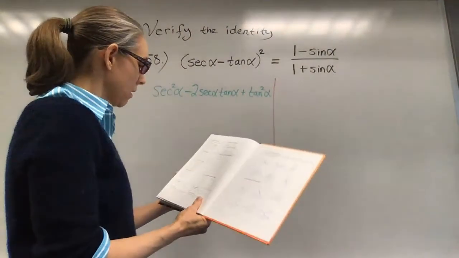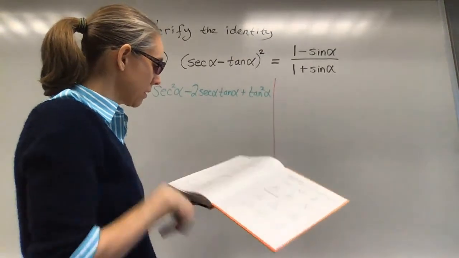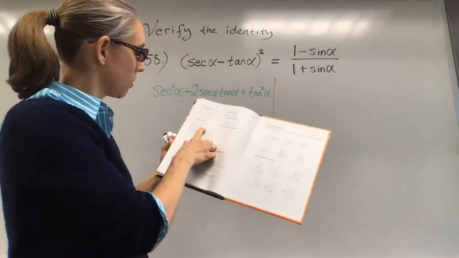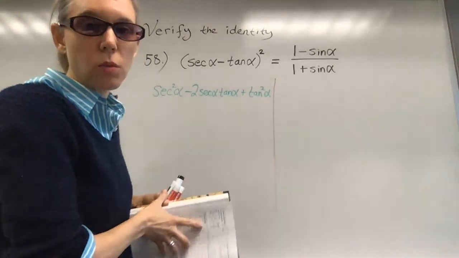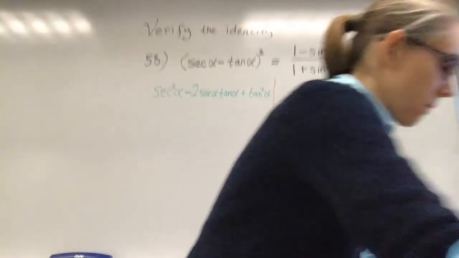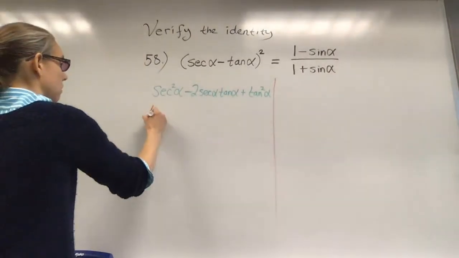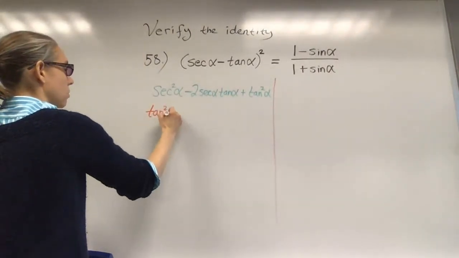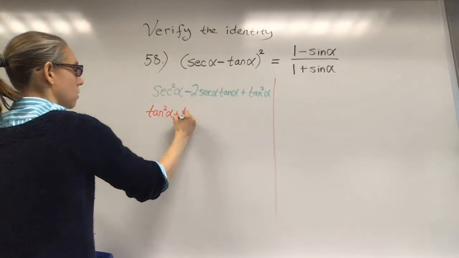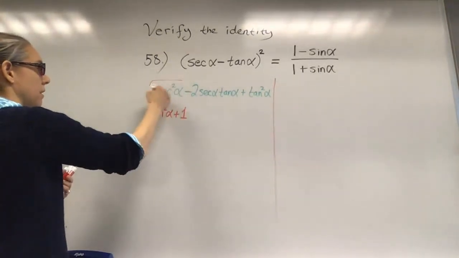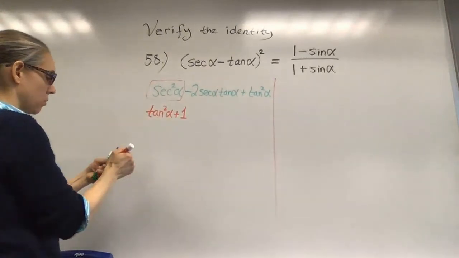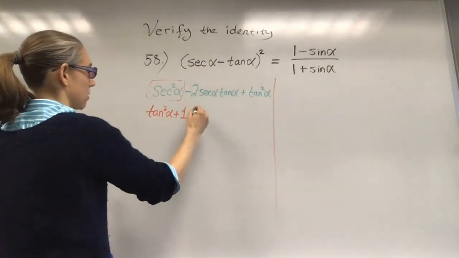Okay, now, secant squared. I see a secant squared here, and the secant squared says that it's equal to tangent squared plus 1. Okay, I'll try that. Tangent squared plus 1. So I have just replaced secant of alpha with tangent squared plus 1, and now let me copy everything else.